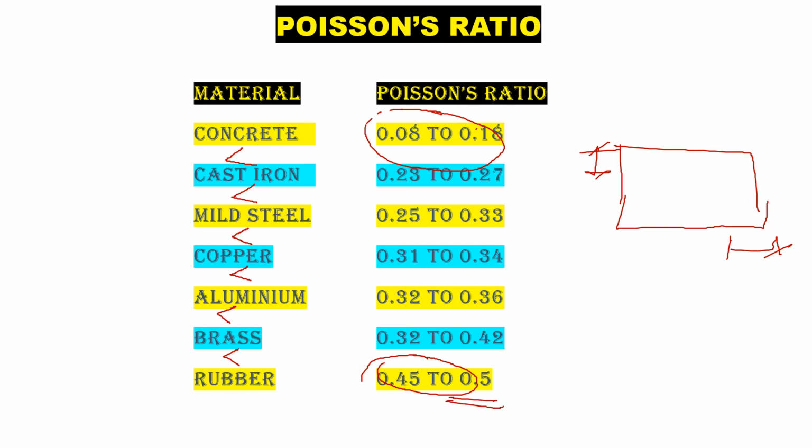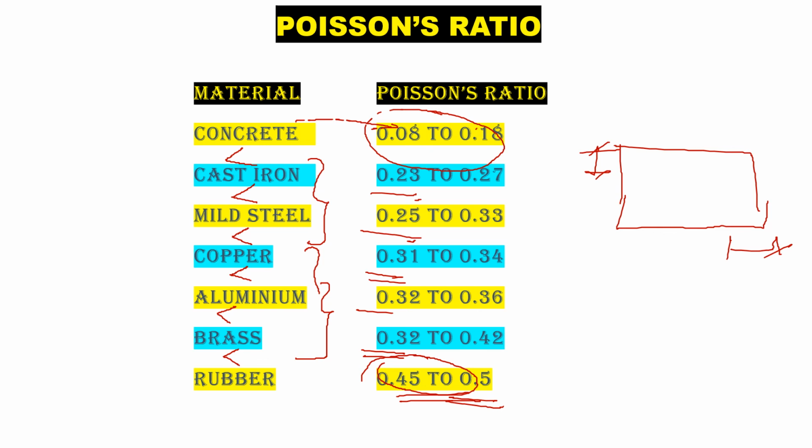Therefore, now you would have got the answer. See how you can easily remember: copper, aluminium and brass have values approximately equal to 0.3. For rubber, the value is approximately 0.45 to 0.5, and for cast iron and mild steel, it is approximately 0.23 and 0.25, and for concrete it is very less, 0.08 to 0.18.